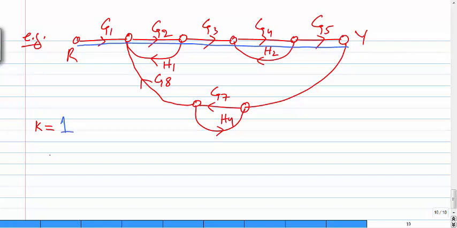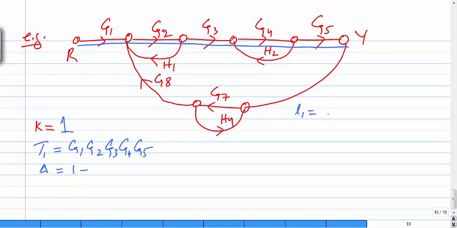So if k is 1, T1 is G1, G2, G3, G4 and G5. Now delta is 1 minus the sum of loops, so before this we have to find the loops.